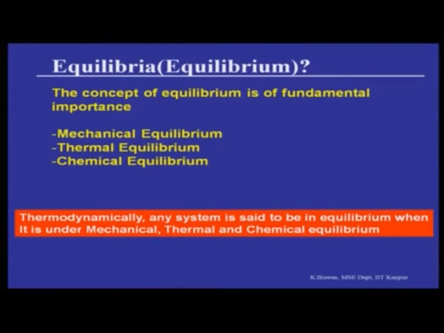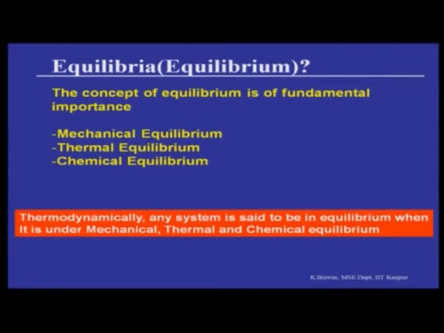If you carefully look at it, the first is mechanical equilibrium, then thermal, and the last one is known as chemical equilibrium. Thermodynamically, this is very important for all students of metallurgy. Thermodynamically, any system is said to be in equilibrium when it is under mechanical, thermal and chemical equilibrium. All the 3 equilibria must be satisfied.